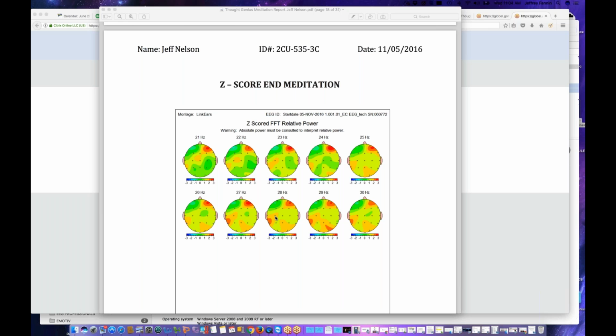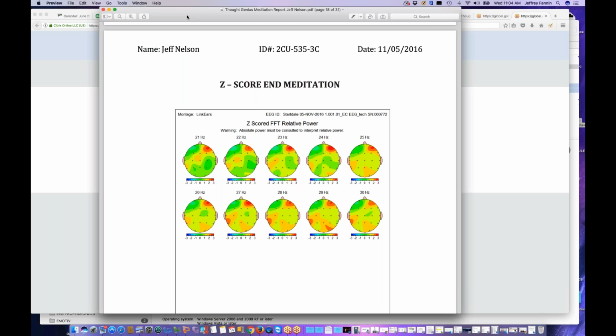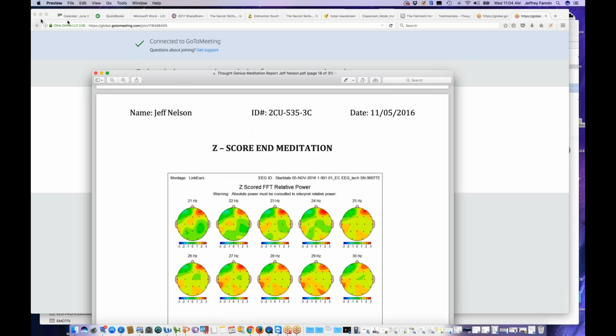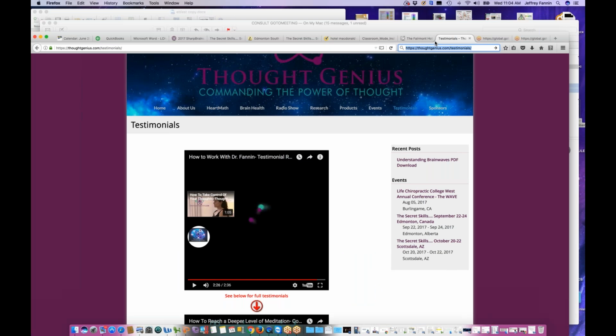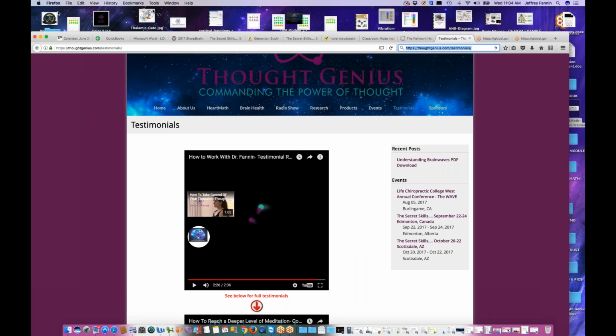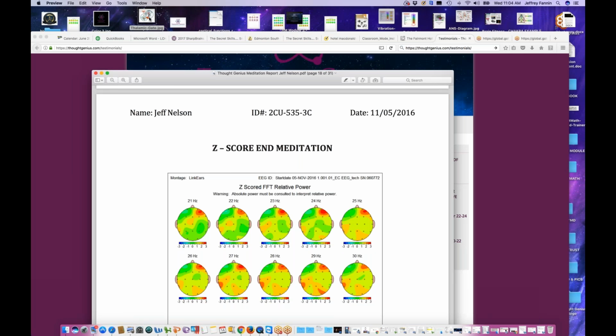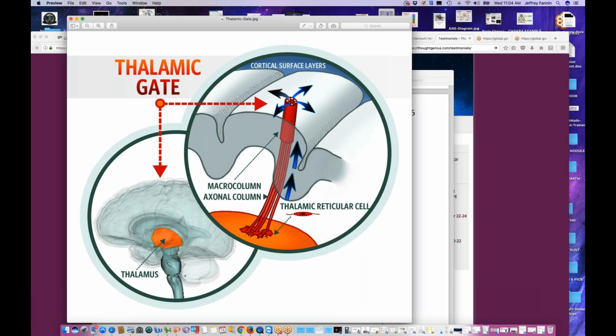You remember my discussions about the thalamic gate? Let me pull that graphic up here. Down here in the thalamus, one of its jobs is to regulate all the frequencies.